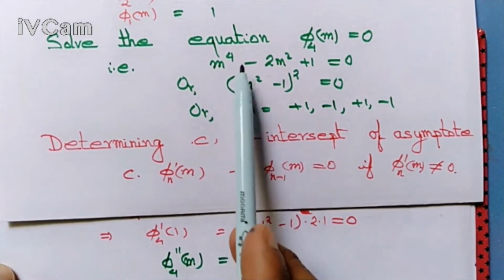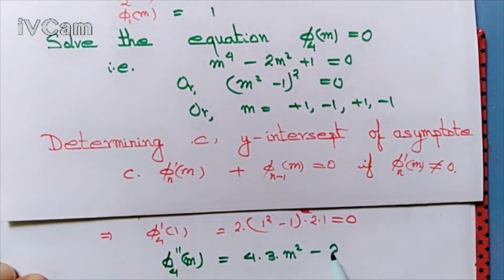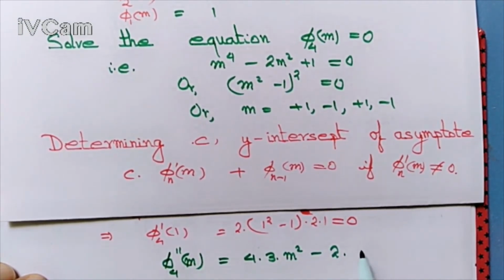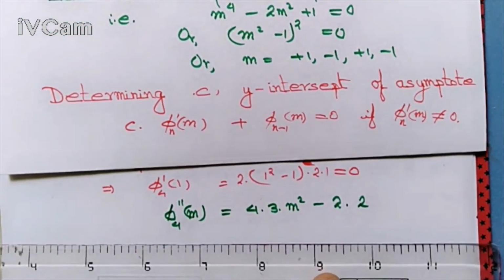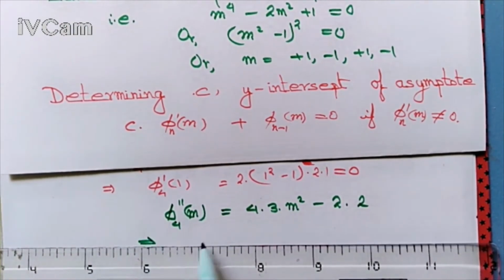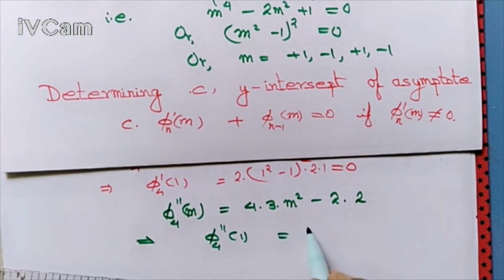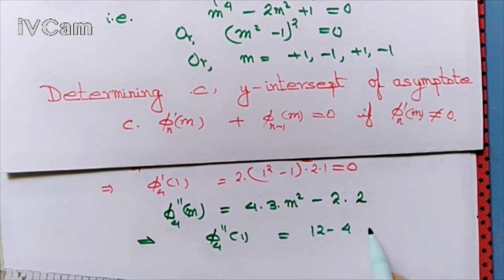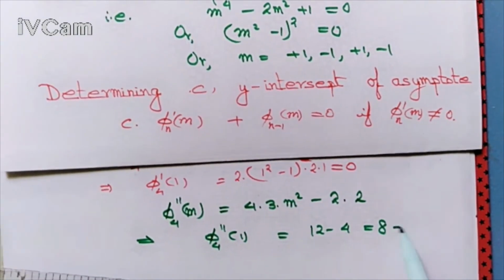If you differentiate it, 4 into 3 into m square minus 2 into double derivative of m square, which is just 2. This implies phi 4 double dash of 1 is 12 minus 4, that is 8. That is not equal to 0.